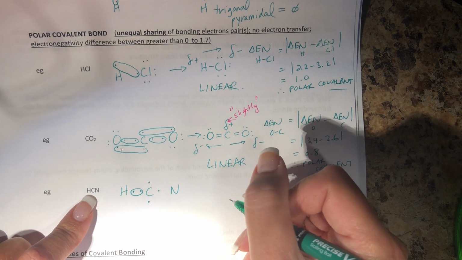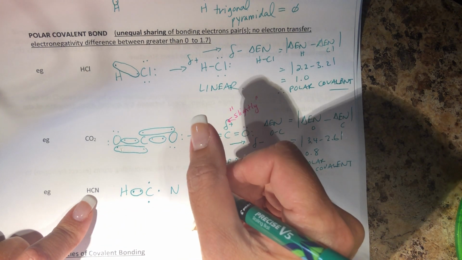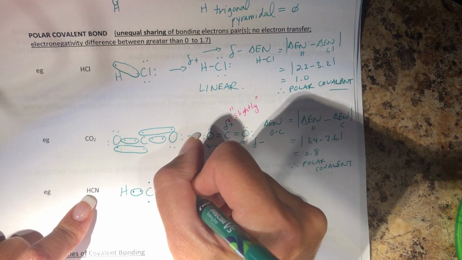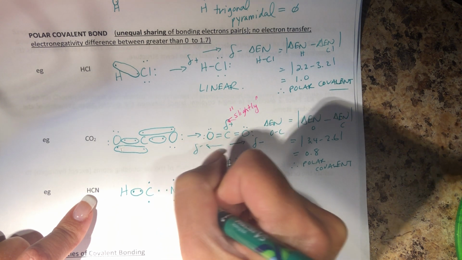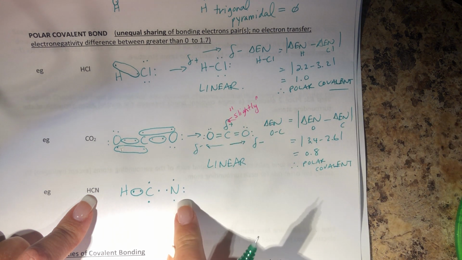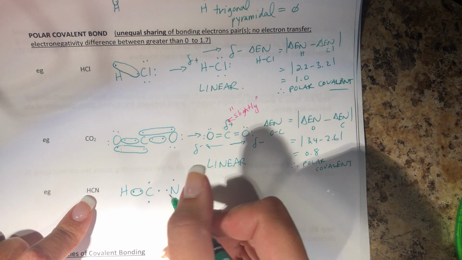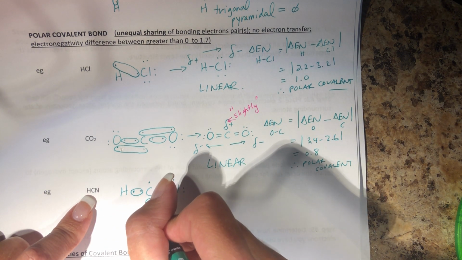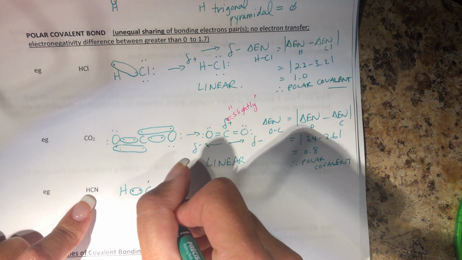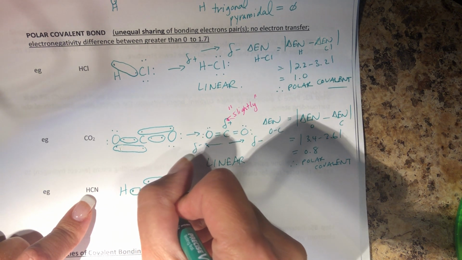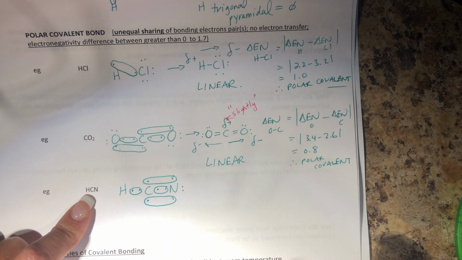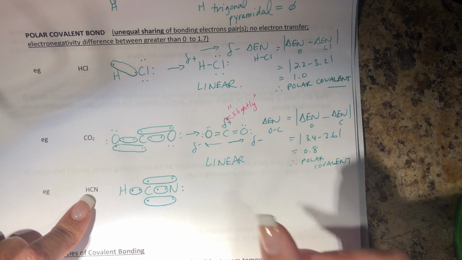So where would I put my single electrons? You got it, 1 at the top, 1 at the middle, and 1 at the bottom. And the nitrogen has its little lone pair at the side, right? I could put them the other way, but then it's just going to look messier, so it's up to you. As long as you understand it, that's what's important. So 1, 2, and you're clear in your diagram. 3, there's my 3 bonds. Count, is everybody happy?